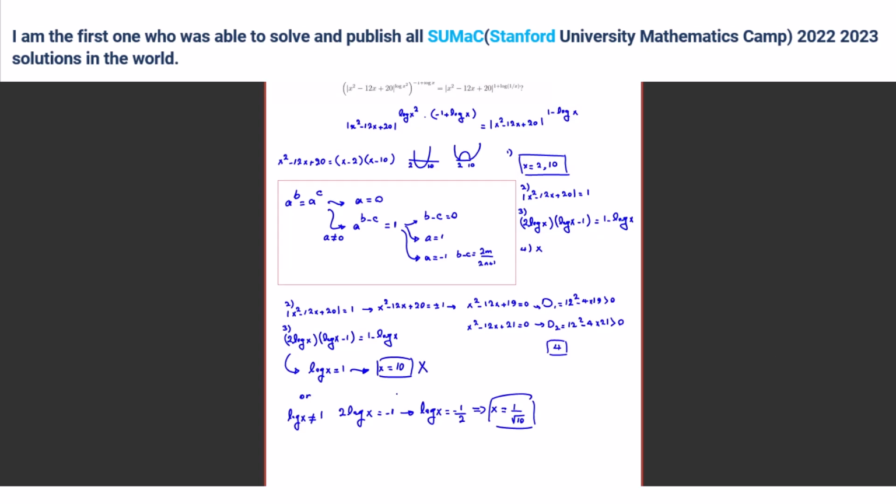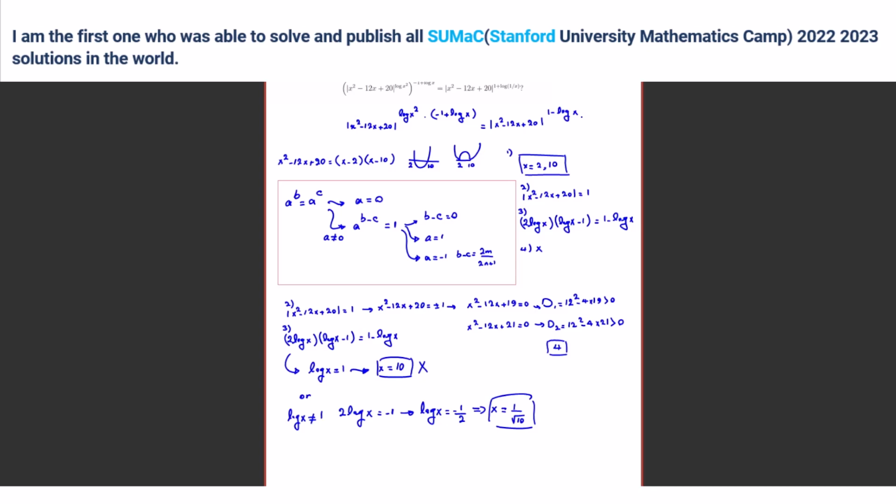So 1 over root 10 will be okay, it will be 2 log x. So if you have 1 over root 10, right? Is it a contradiction at 10, because it becomes 0 raised to 0?